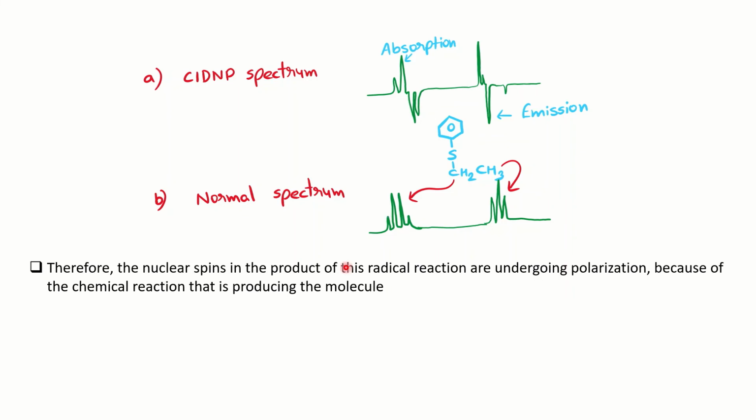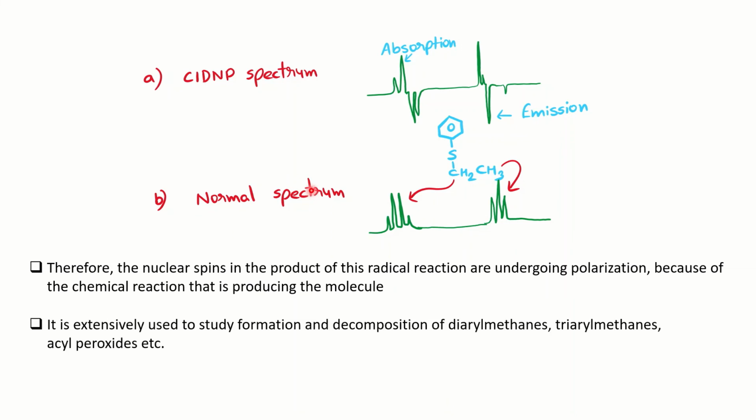CIDNP. The advantage here, the significance, is that the nuclear spins in the products of these radical reactions are undergoing polarization because of the chemical reaction that is producing the molecule. So CIDNP is a proof that the radical reaction is going through.